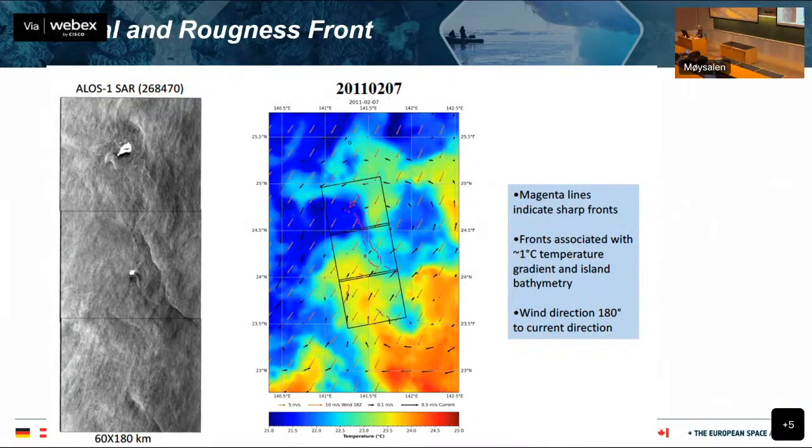Here's another example. And a lot of the flow patterns of the currents there seem to be also some interaction with bathymetry, in this case these islands that are poking up in the Western Pacific.